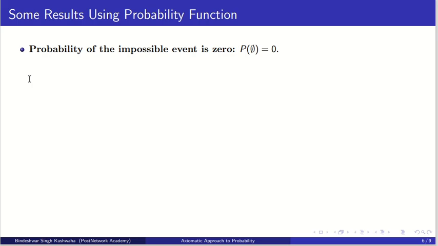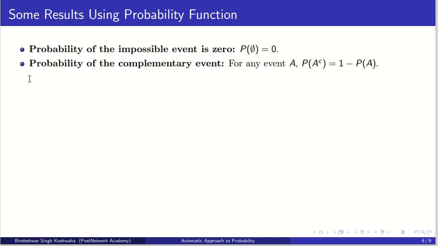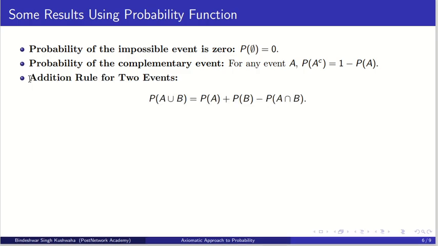The probability of the impossible event is 0. Probability of the complementary event for any event A: P(A complement) is 1 minus P(A). Addition rule for two events: P(A union B) is equal to P(A) plus P(B) minus, we will subtract the common events in both sets, P(A intersection B).